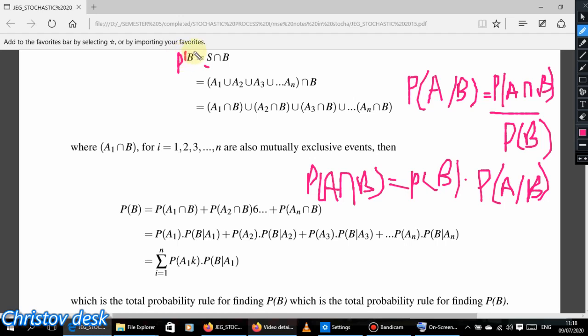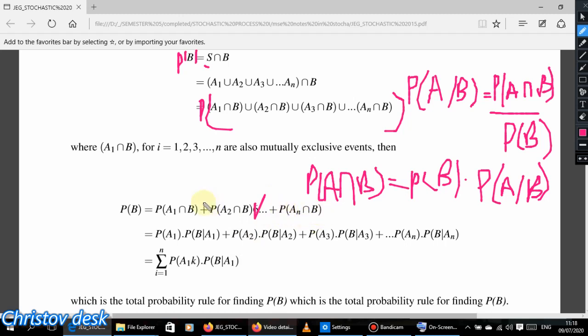When we apply probability to B, we apply the same probability here, to the whole of this, and then applying the probability, we turn the union to plus. So we have the probability of A1 intersection B plus the probability of A2 intersection B, this is B, all right, this is a mistake, plus dot dot dot plus the probability of AN intersection B.